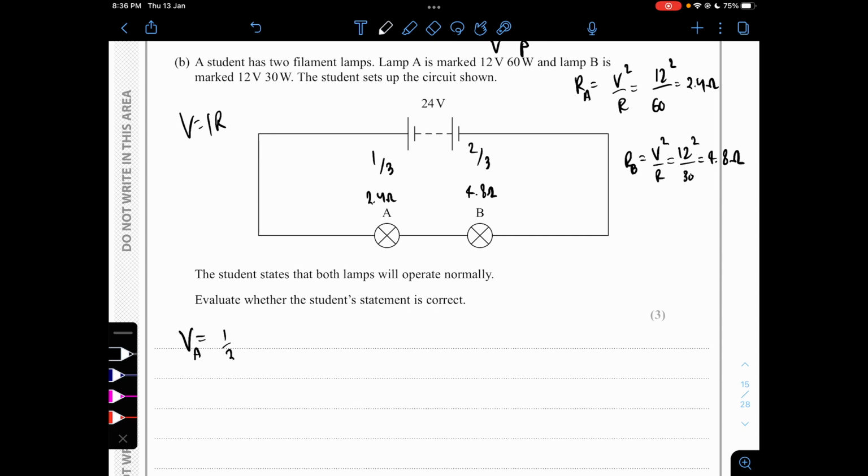This will be 1/3 times 24, so there'll be 8 volts applied to lamp A. And what about the rest? It will be 2/3 times 24, which gives us 16 volts.